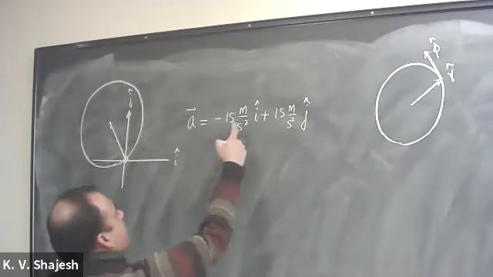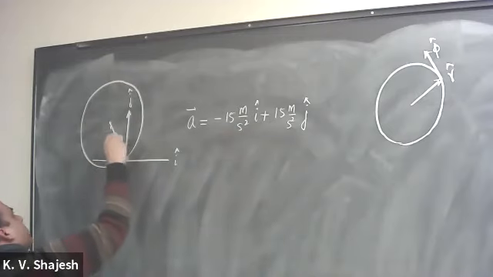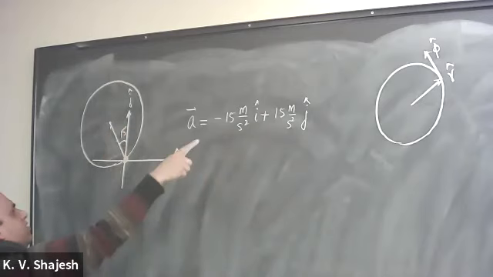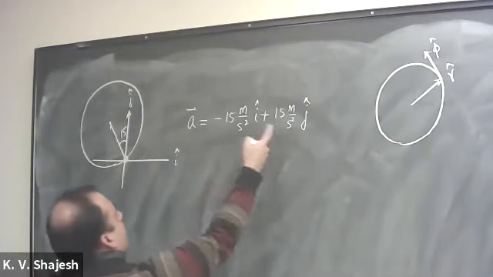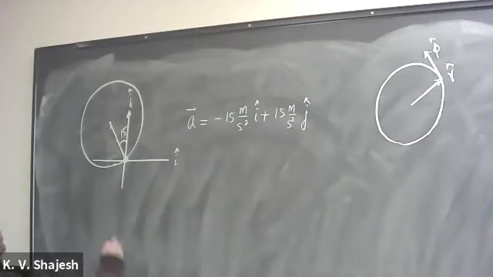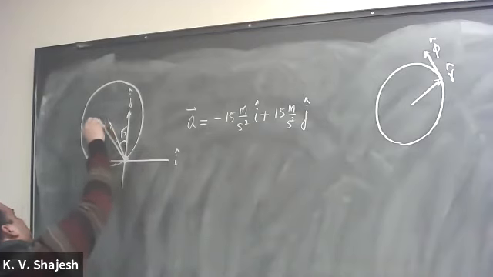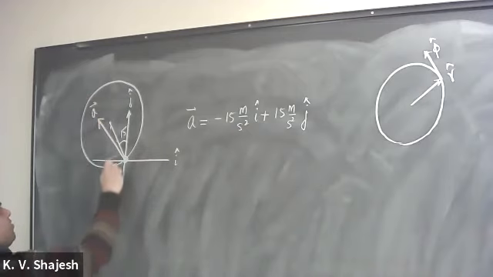And since it is minus 15, plus 15, it will make a 45 degree angle. Since the components are equal, the angle it makes with respect to either axis will be 45 degrees. So that's your acceleration vector.